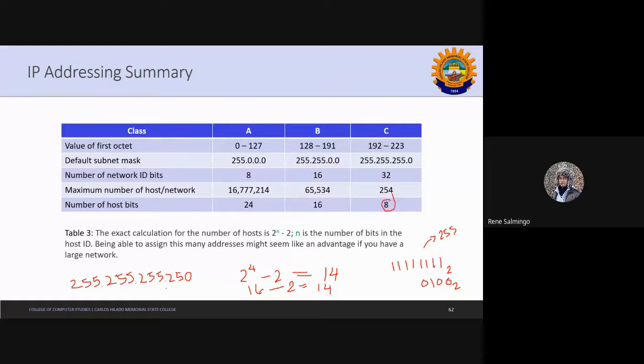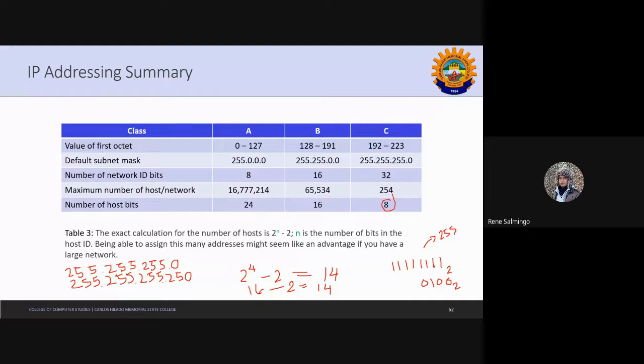But if you want to work on the other side, this is 255.255. So let's say we have 0 to 250.